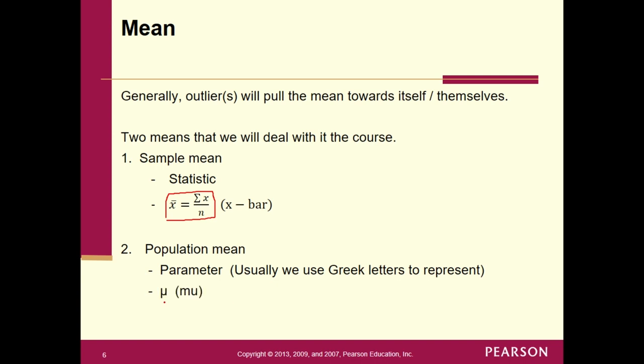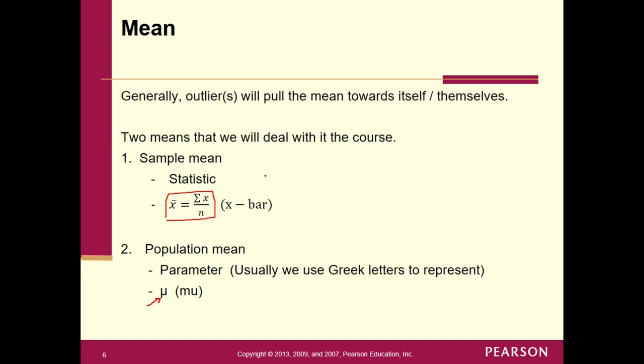The Greek letter that we use to represent the population mean looks like a U, but notice it has a little extension on one side. We call this mu. It is vitally important that you memorize that mu is the population mean, and that's a parameter, and that x bar is the sample mean, and that's a statistic.